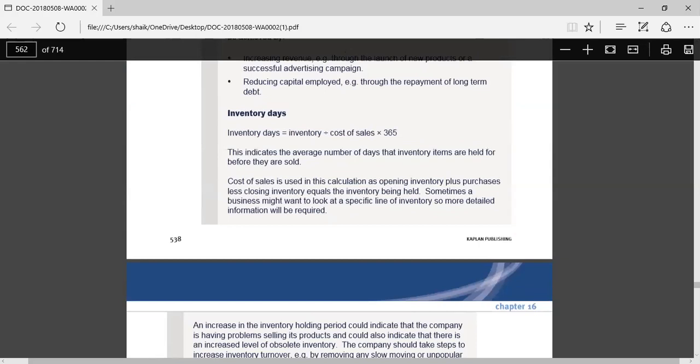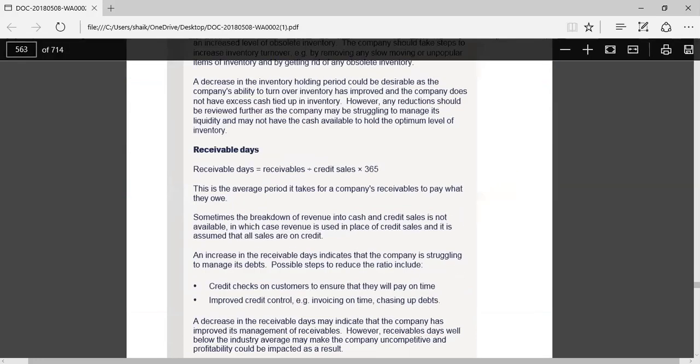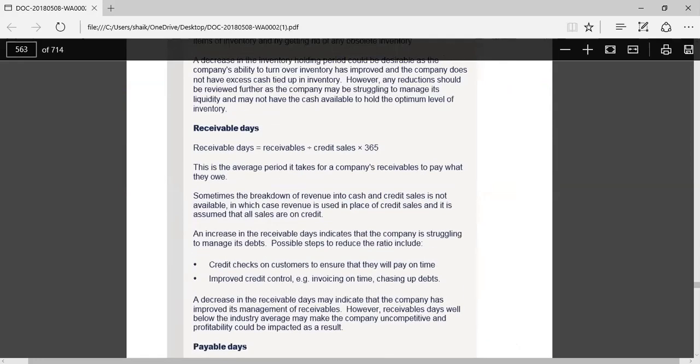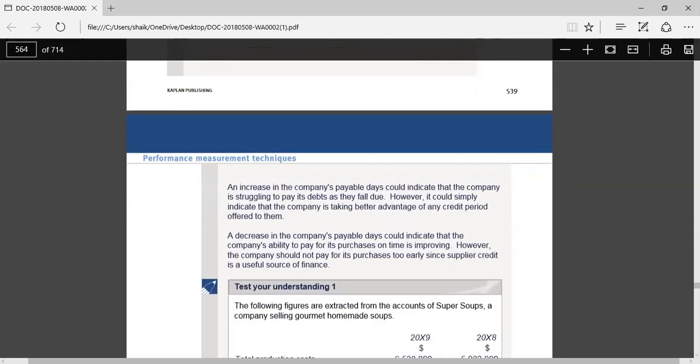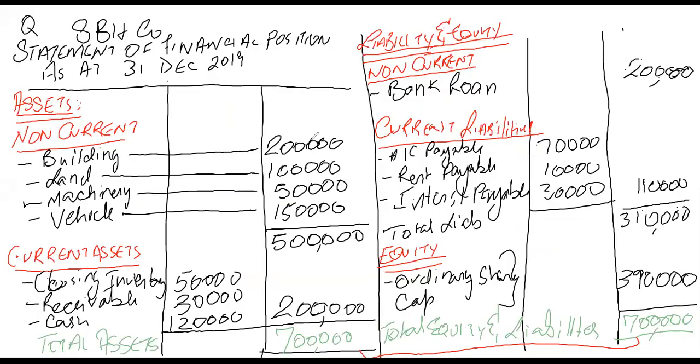I also need to give the cost of goods sold. There should always be the value of credit sales, payables and credit purchases, and receivables. Well and good. I can go back to my question and draft it. Here I've given the value of accounts payable, and I've also given the value of accounts receivable.